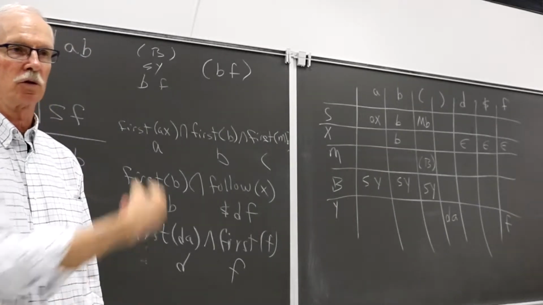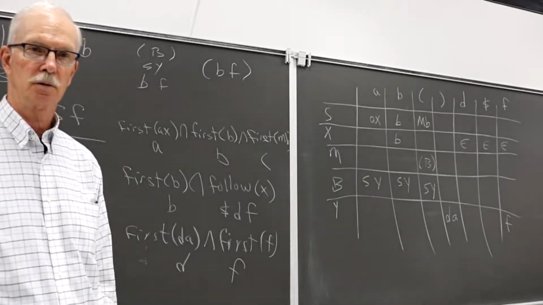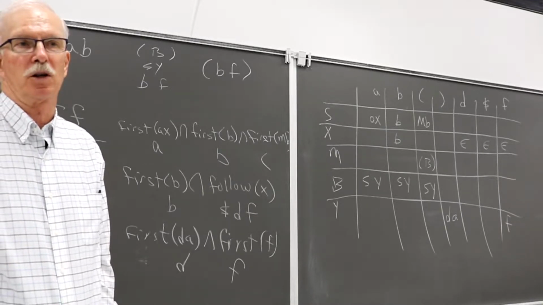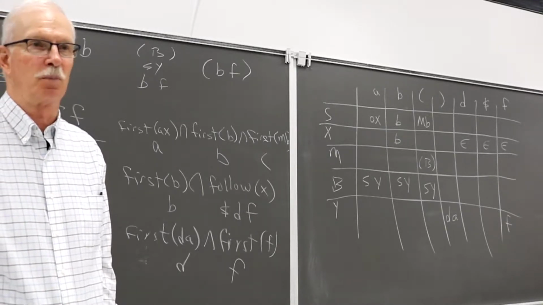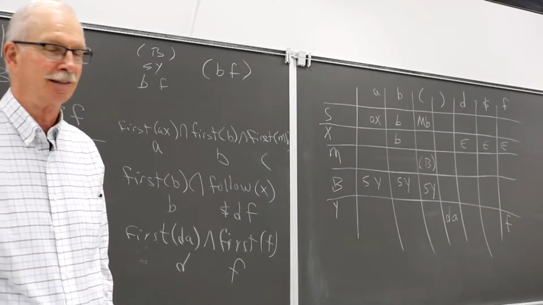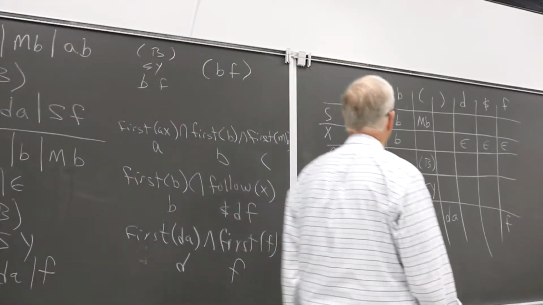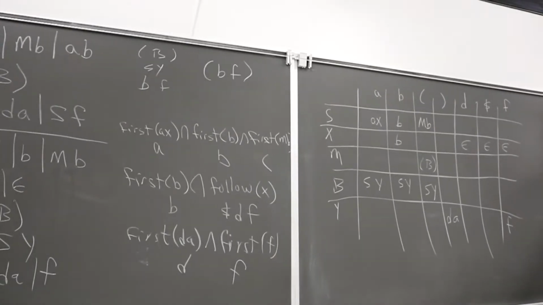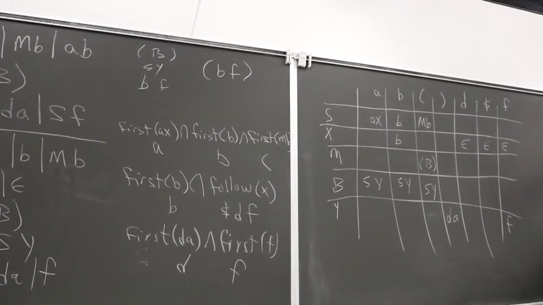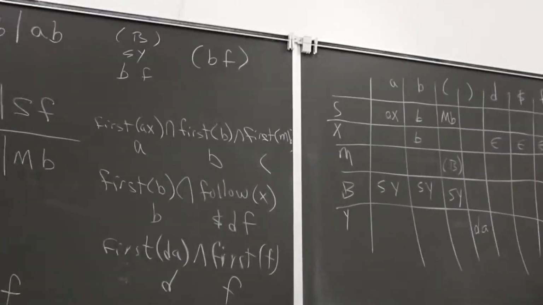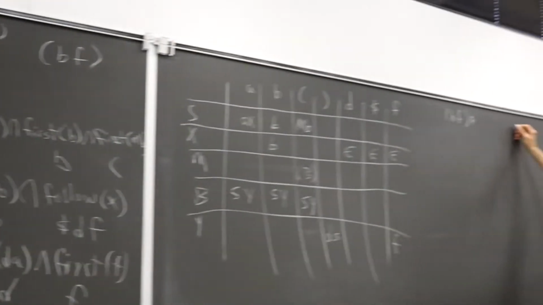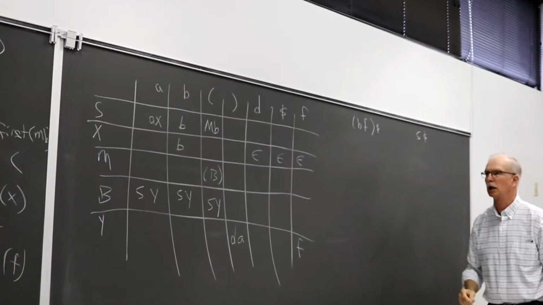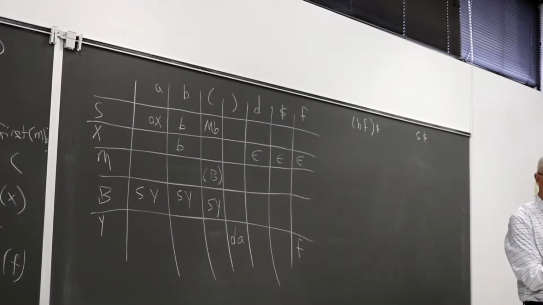A haphazard derivation. I don't care if it's right or not, because when I parse it, it's going to tell me whether I did the generation right. So paren B F paren, followed by a dollar sign, and S followed by a dollar sign. S is my start symbol.